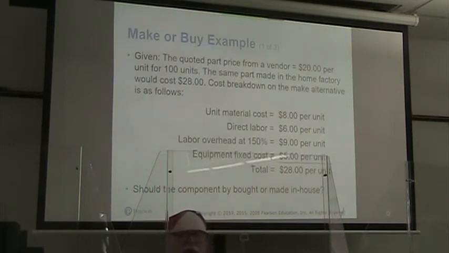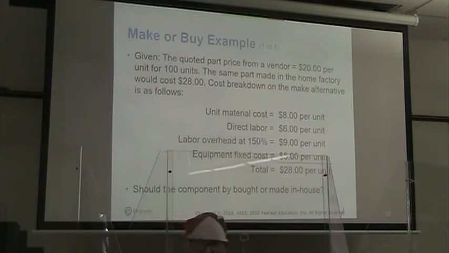All right, so here we have an example of the make or buy decision. We are given a quoted part price from a vendor as $20 per unit when we order 100 units at a time. The same part made in our home factory or facility would cost $28.